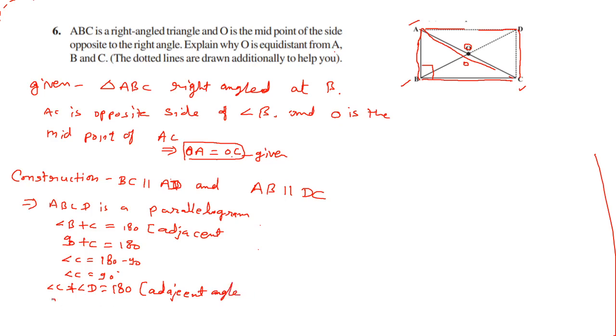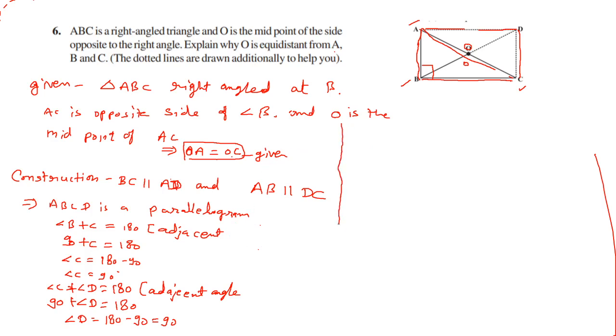So angle C is 90 degree, D is unknown, angle D is equal to 180 minus 90 which is equal to 90. So remaining angle A will be 90 degree.